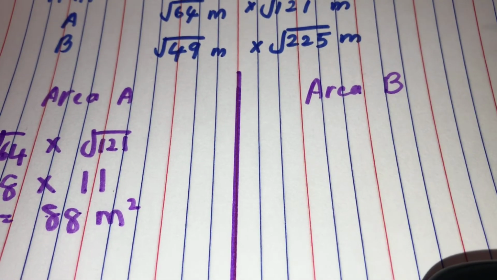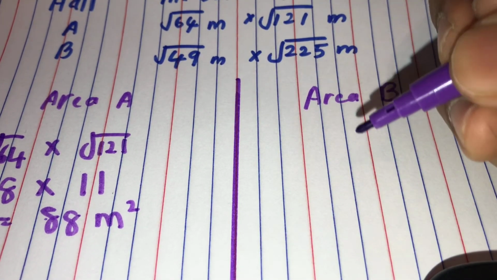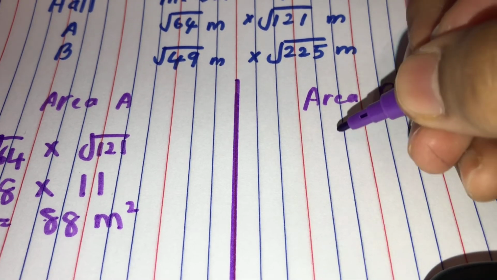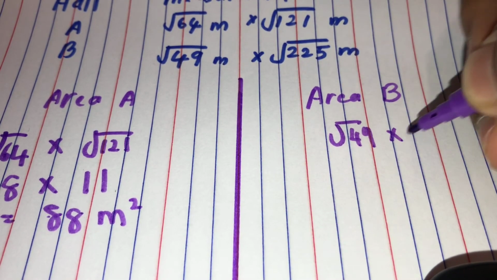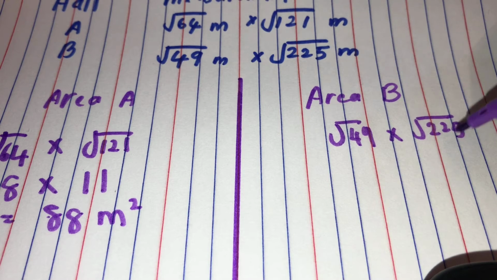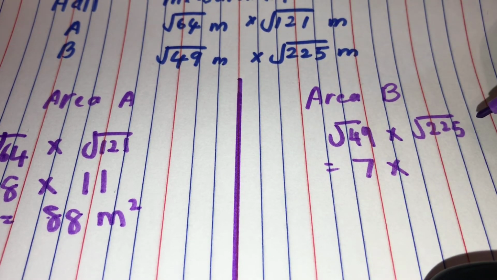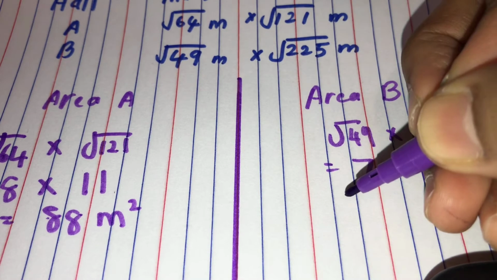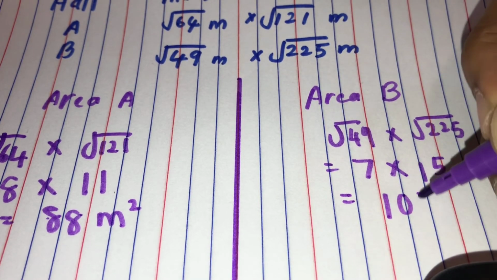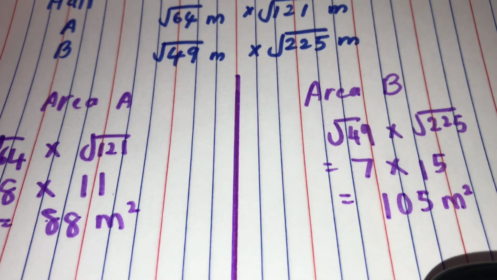Area of hall B: square root of 49 times square root of 225. Square root of 49 equals 7. Square root of 225 equals 15. 7 times 15, you get 105 square meter. Okay.